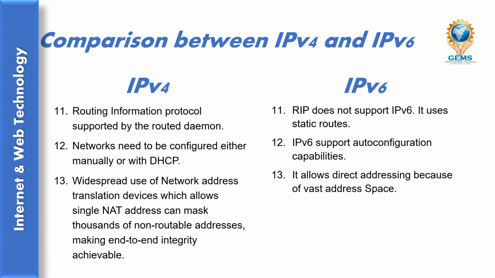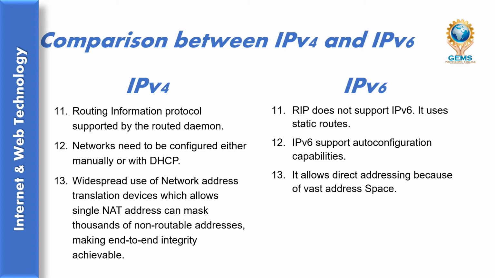IPv4 routing information protocol is supported by the routed daemon, but IPv6 does not support RIP, the routing information protocol. It uses static routes.